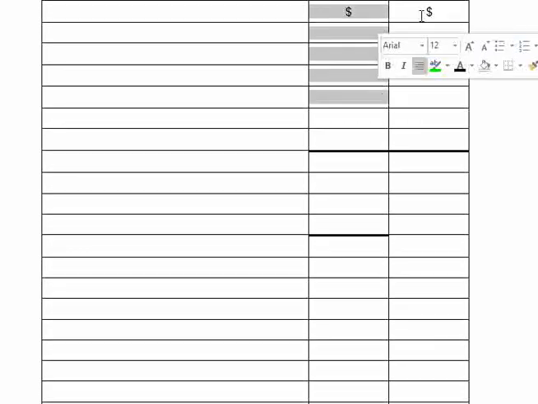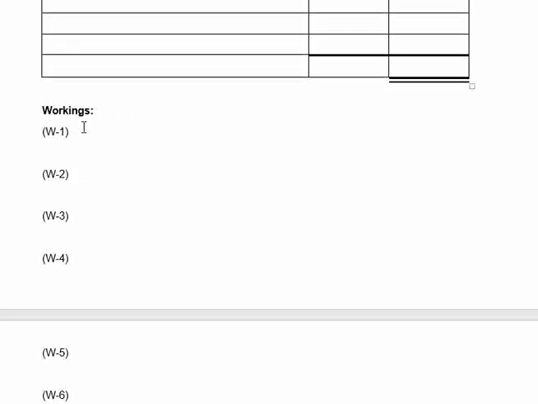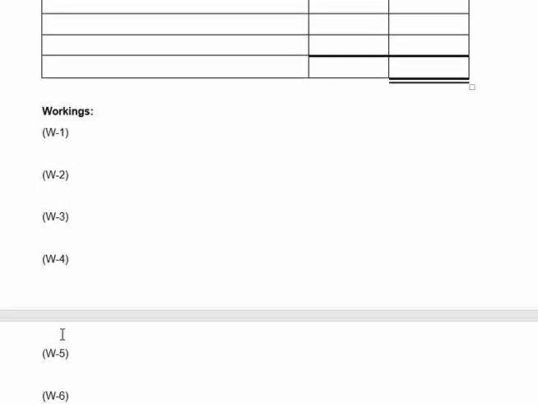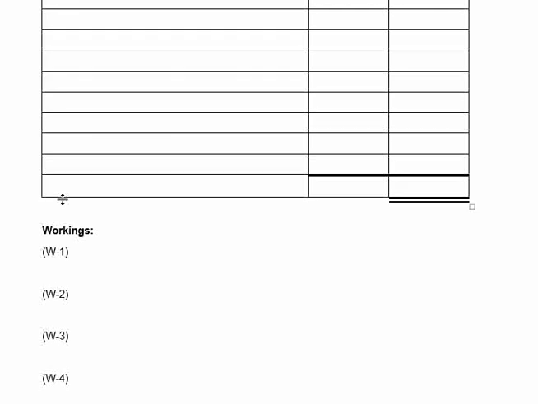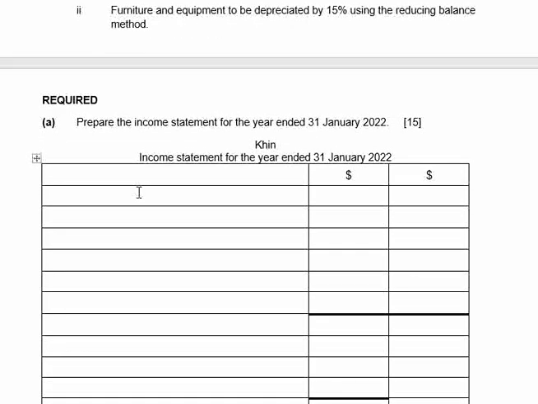You have two columns, this is inner column, this is outer column of amount, and then down there we have workings. You have to show working of each and every calculation that you are making in your question. So don't miss out any working. So these working 1, 2, 3 and 4 are written by me in order to save my time. Okay, let's move on.